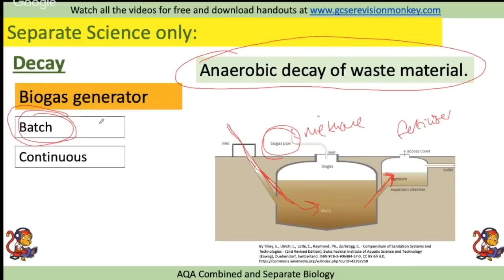So they put one batch in, get the methane out, stop it again, and then start the whole process. Or in a larger scale, industrial scale, you could have continuous, where all the sewage is coming in from pipes, continually going into the biogas generator, costing a lot more to set up, but making a lot more biogas in the first place. So they might ask you about choosing, evaluating maybe a particular generator for a particular situation.